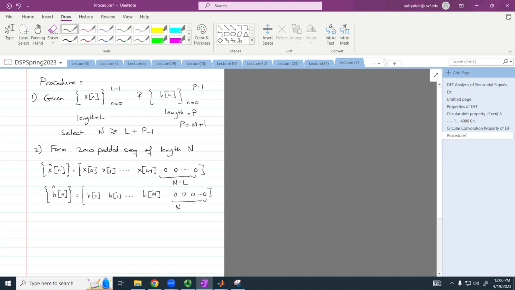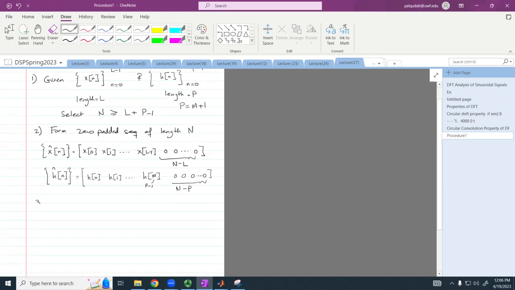So here I have n minus p zeros padded, and m is equal to p minus 1. Good?